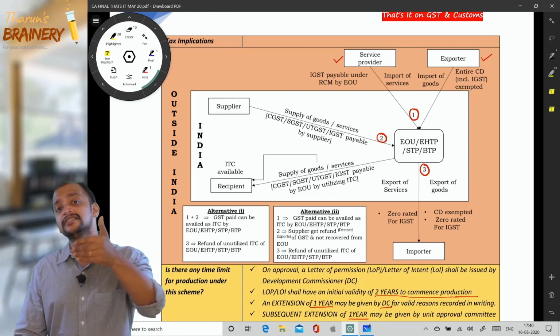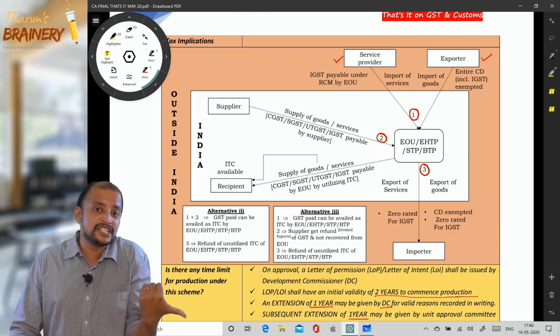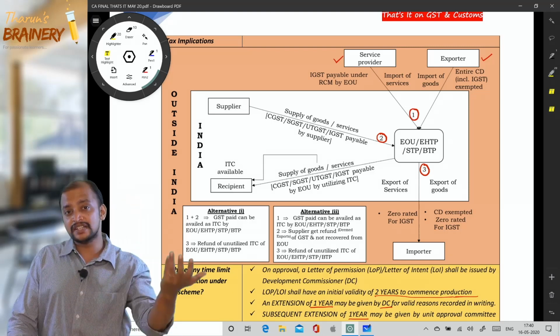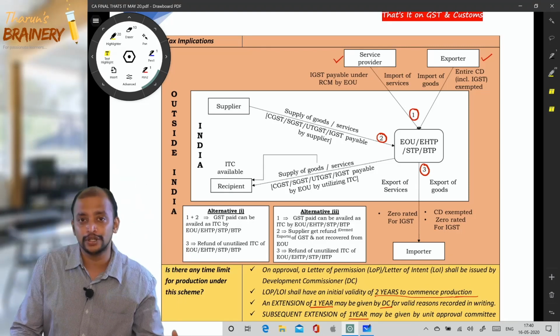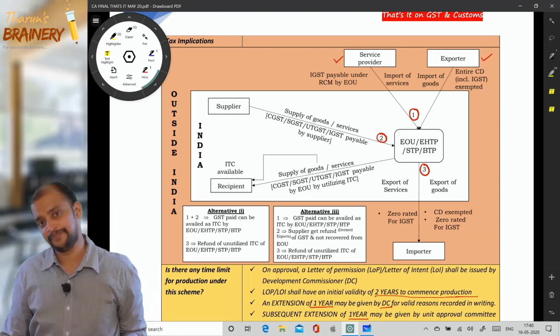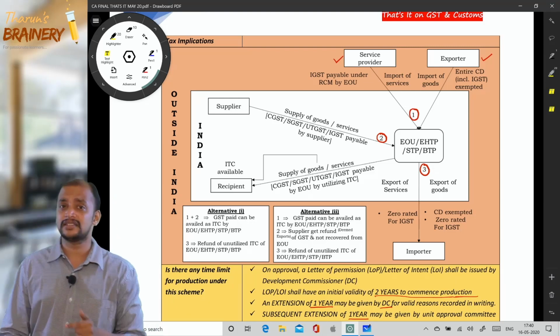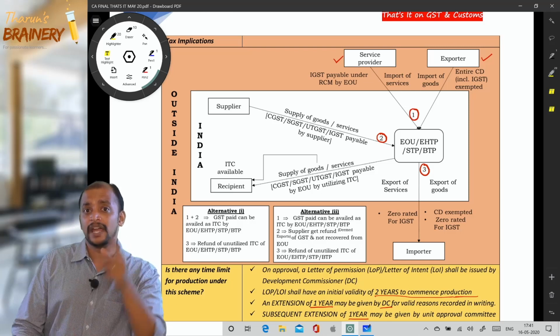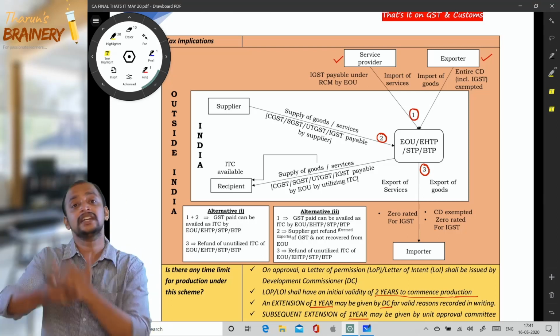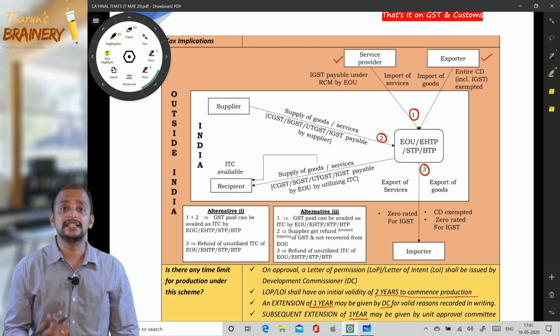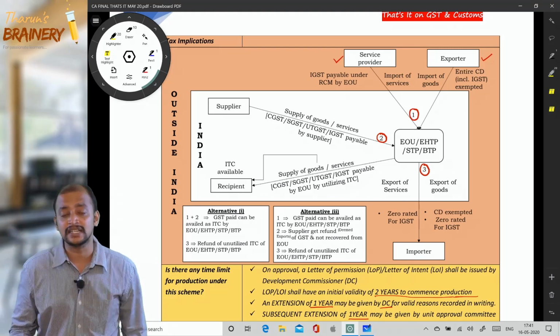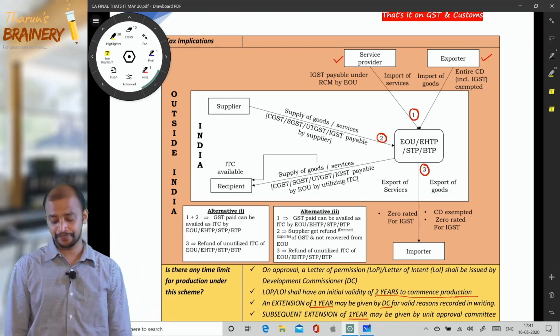He may charge GST to EOU or he may not charge GST to EOU. If he is not charging GST to EOU, then he will be getting refund. If he charges GST to EOU, then EOU can pay and they will get it as a refund, or alternatively they can take it as ITC and get refund of unutilized ITC that we discussed in refund chapter.